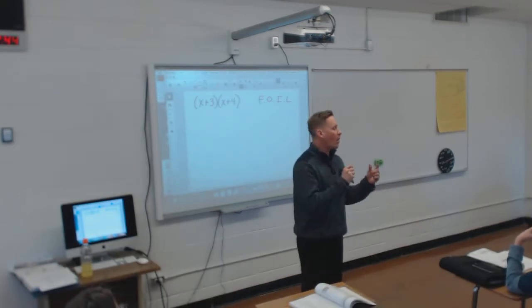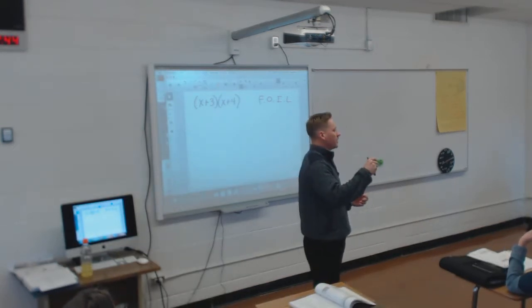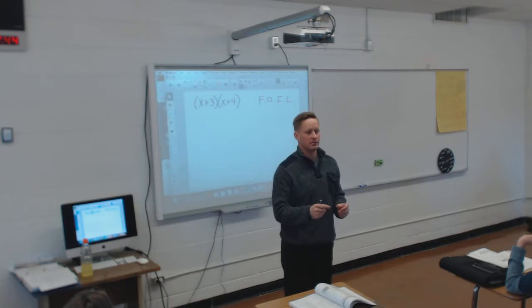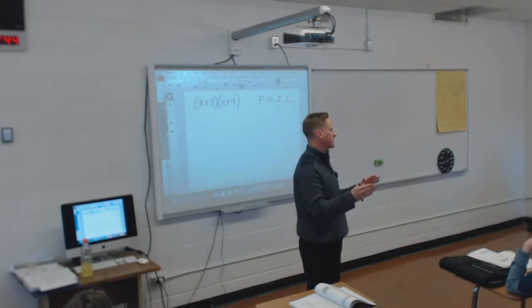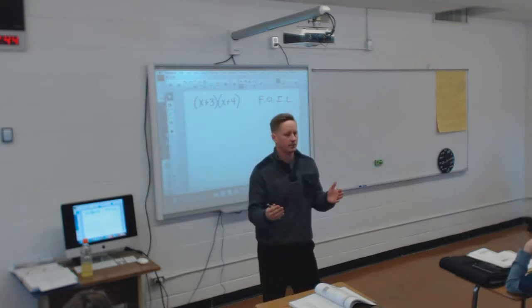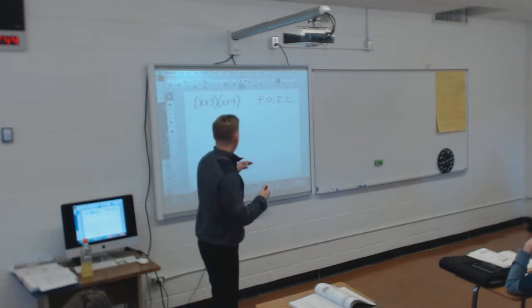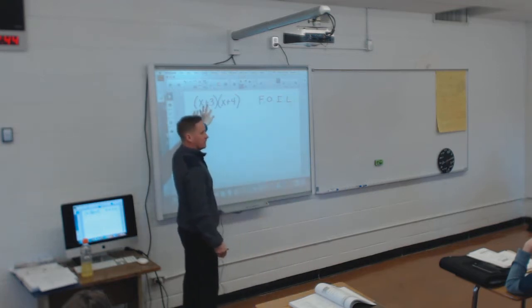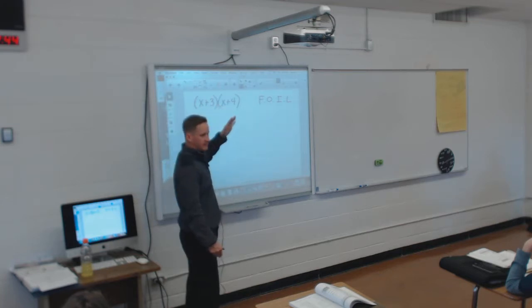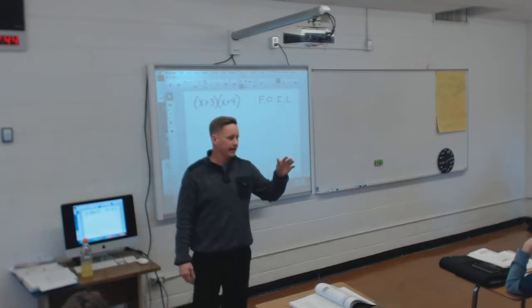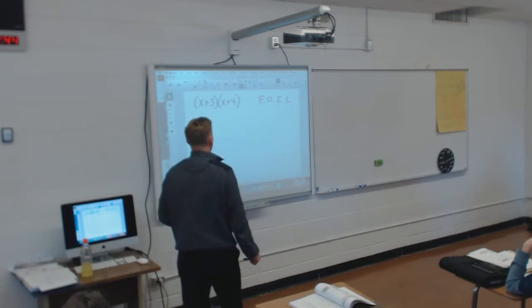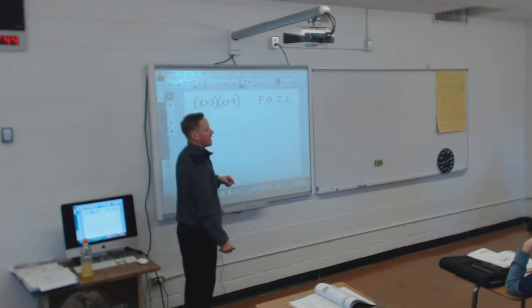And FOIL only works for a binomial by a binomial. It's the only time you can use it. Everybody understands? Again, what I mean by binomial is 2 terms separated by 1 plus or minus sign. Fair enough? So, first, multiply the first in each bracket. That's what that means. So what's the first in each bracket?